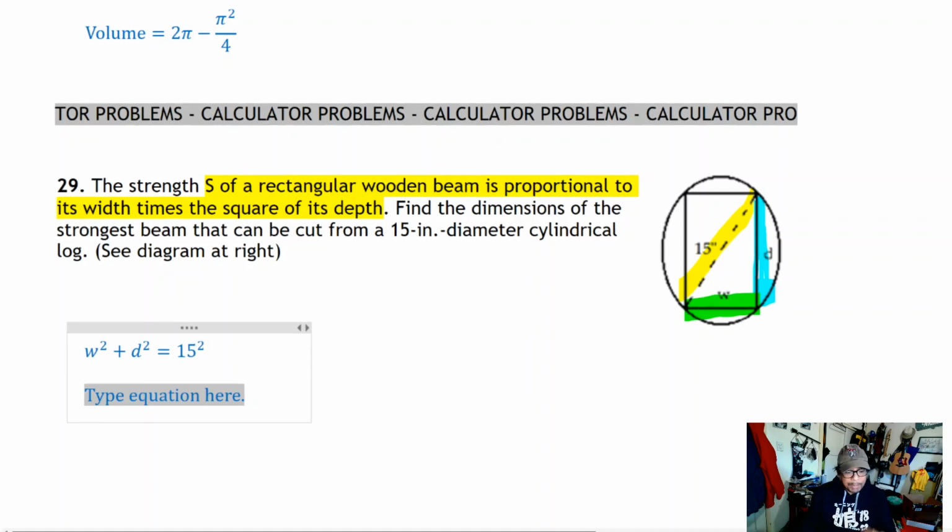So strength, S, is equal to. Now, if it's proportional, that means there's a K, constant of proportionality. And then the width, so K times the width times the square of its depth, like this.